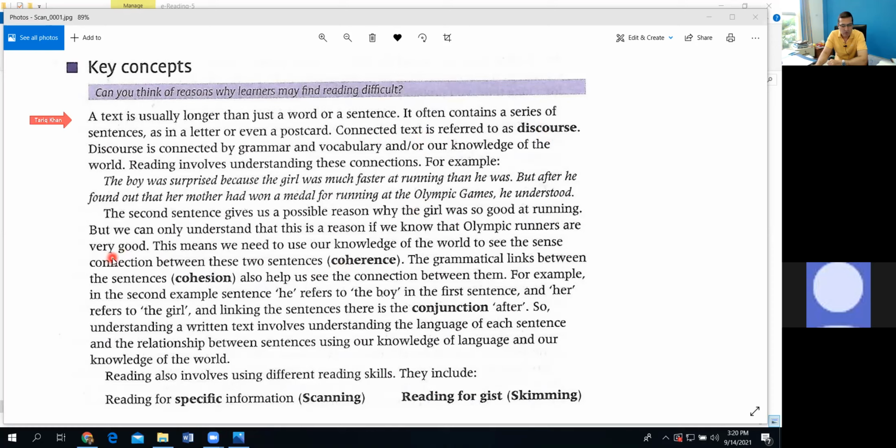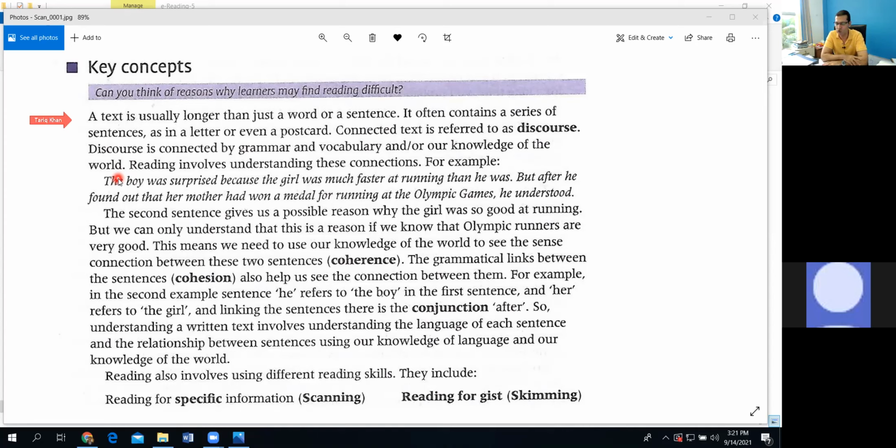Right. So where were we? Here. Discourse is connected by grammar, vocabulary, and our knowledge of the world. Now here, they just tell you three things. First of all, connected text is referred to as discourse. When we say discourse, it means what is written over there: sentences, words together and making a text.